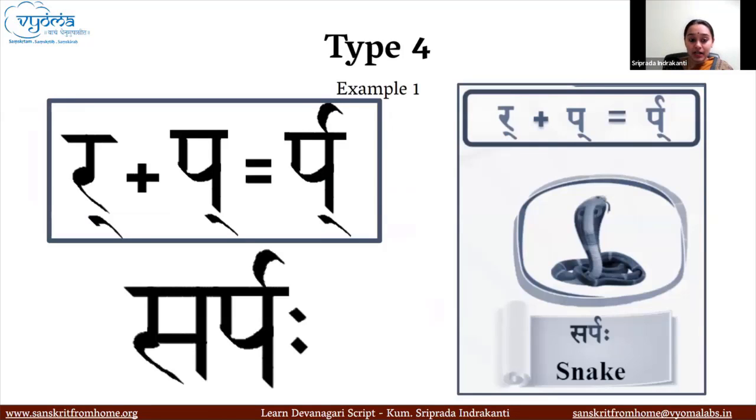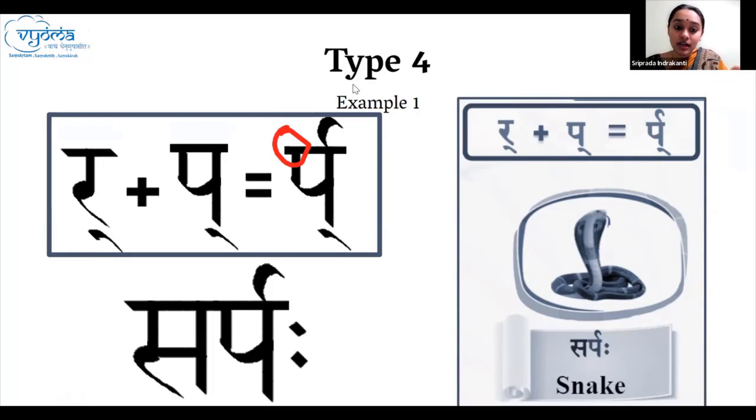So sarpaha. So r plus p is rp. So see how it has a hook or like a horn at the top. So rp. The R completely changes its form and it comes at the top of the letter. And observe that it is not on this. That is wrong.